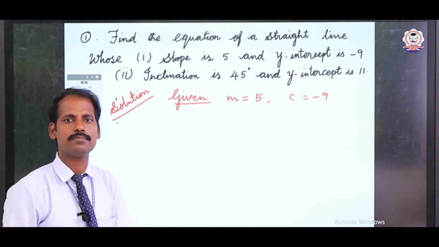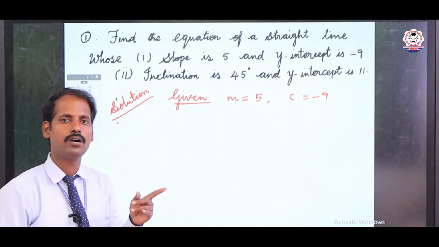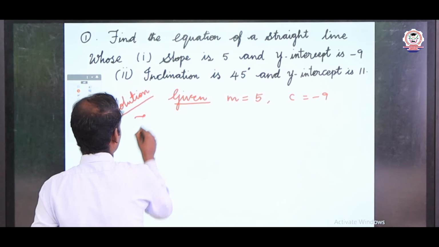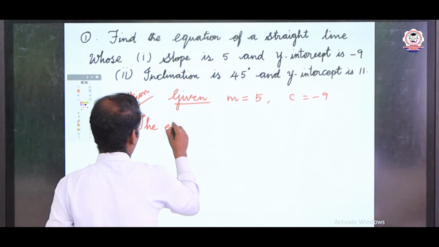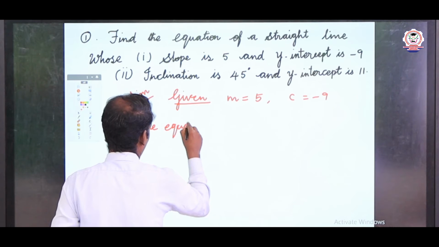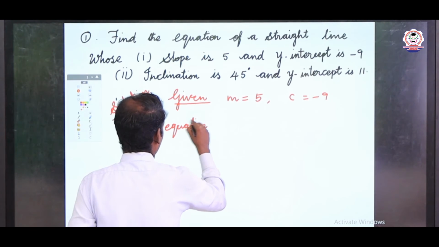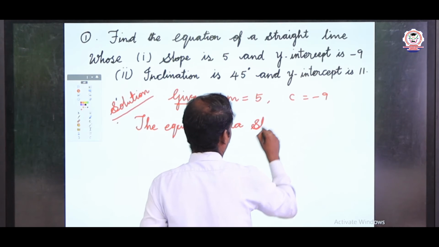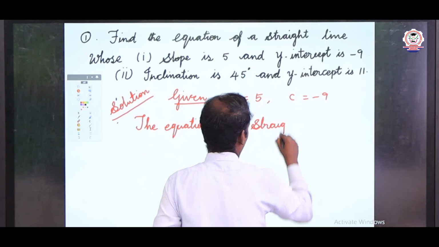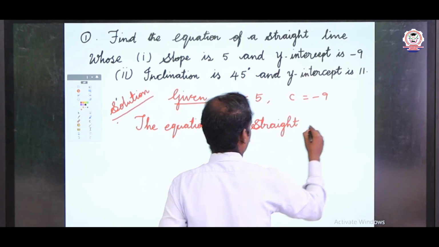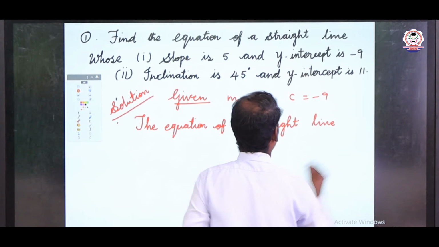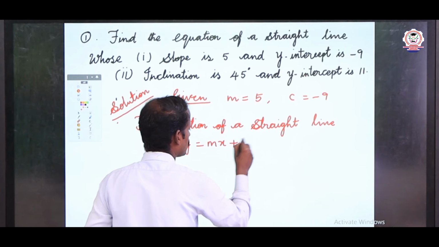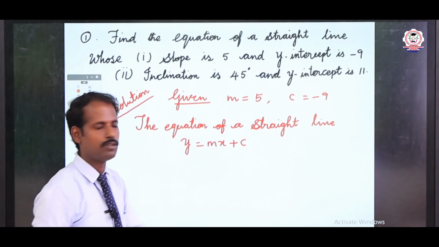Now what is the equation of this straight line? y equal to mx plus c. Here the given m value is 5 and c value is -9.